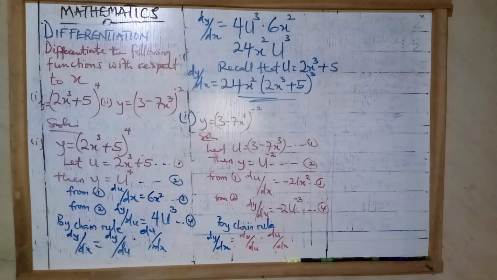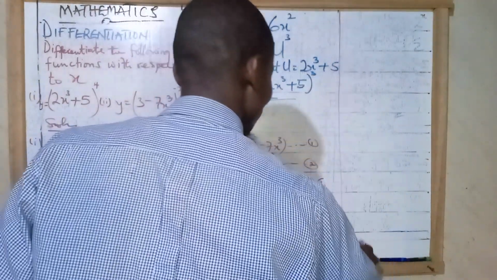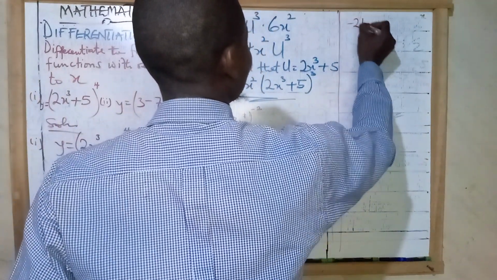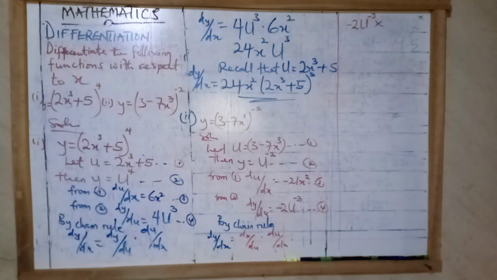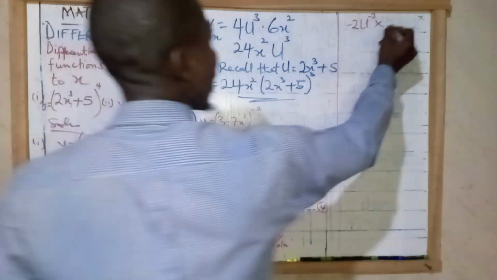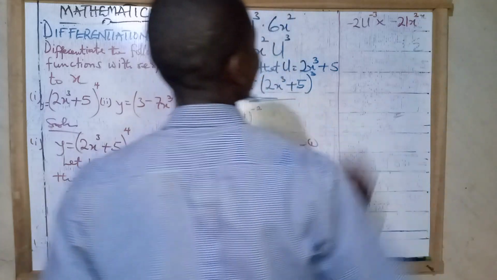That is equation 4, minus 2u raised to power minus 3, times du/dx in equation 3 gives us minus 21x^2.